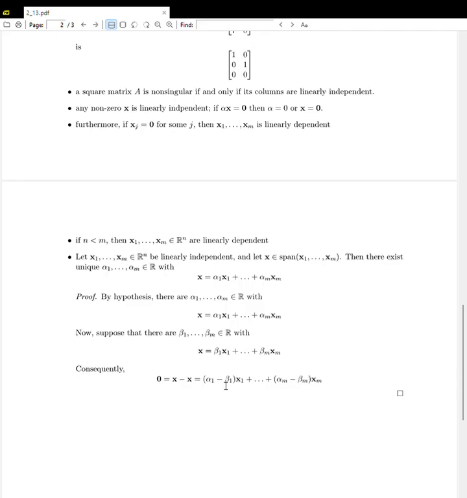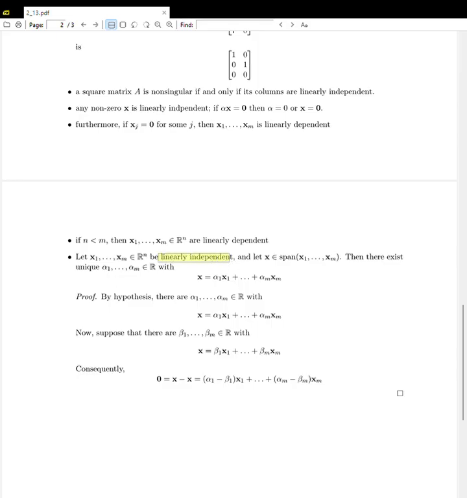If I were to subtract these two equations from each other, well, alpha 1 x1 minus beta 1 x1 will just be alpha 1 minus beta 1 times x1, because we know we can distribute as follows. And hey, look, I've got a linear combo of my vectors equaling 0.